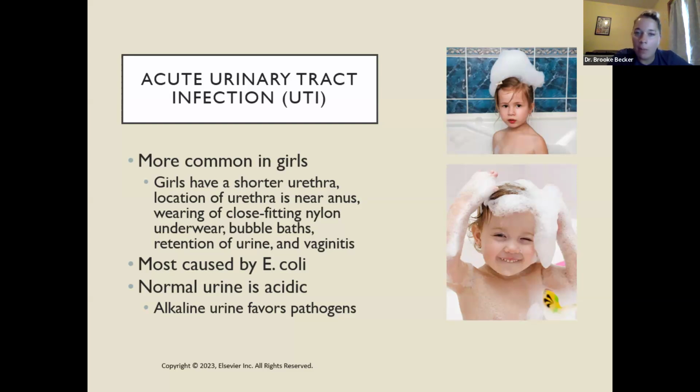UTIs, you guys probably already know this. They're more common in girls than in boys. That's just because of our anatomy, our urethral opening and the location of it. It kind of unfortunately sets up the perfect storm for a UTI. With teaching parents, sometimes, especially dads, they don't have female parts, so they don't know how to appropriately change diapers sometimes.